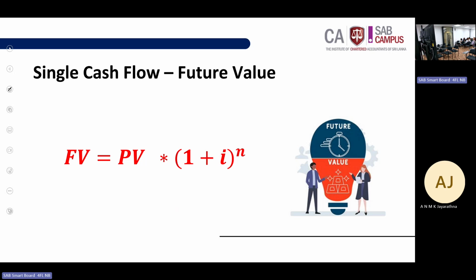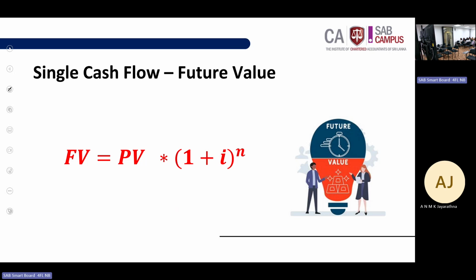The third one is annuities. Annuities means the same cash flow for a number of years. You can see here 1 million, 2 million, 3, 4, and again 1 million: different cash flows during several years.